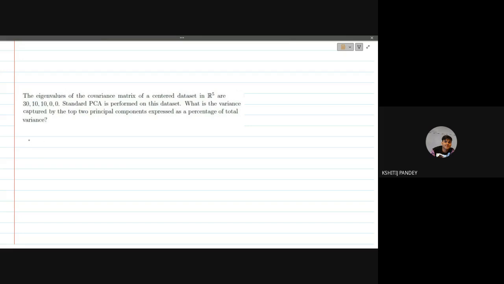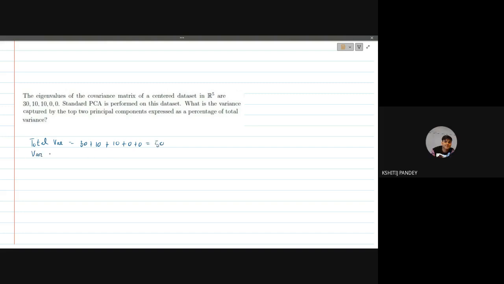So the total variance, thirty plus 10. Do you guys want me to write the reasoning that eigenvalues represent the variance, or is it fine? That's okay. So this is equal to 50.